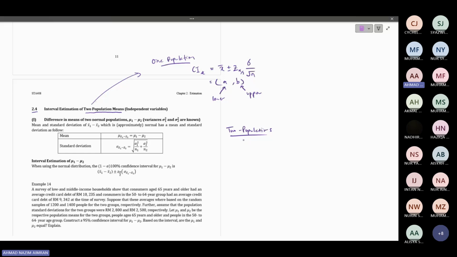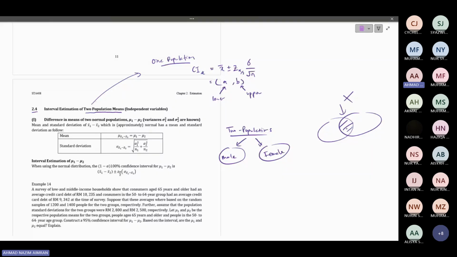For example, with gender, we have a male population and a female population. These are two mutually exclusive groups. There is no overlapping of one population with the other.